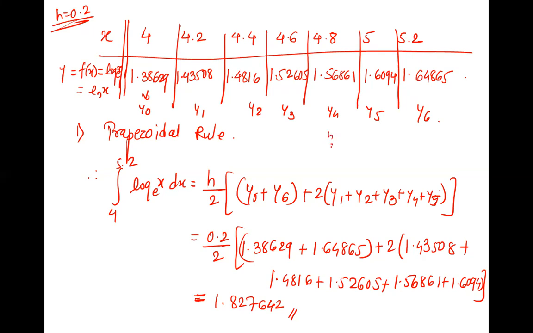Formula I'll write for you here: h by 3, that is 0.2 by 3, and then you are writing y0 plus y6 plus 2 times (y2 y4) plus 4 times (y1 y3 y5).